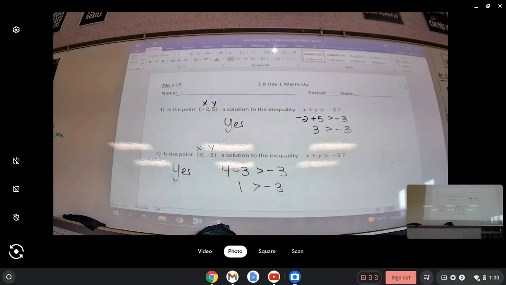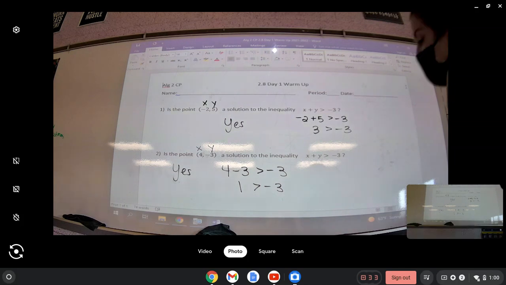So we're going to graph these as lines, and then the lines are going to become boundary lines. And then we're going to have to shade on one side of the line or the other to show where all of the x and y values land that will make this statement true, because these problems have infinitely many answers. So the only way to show all of them is on a graph.